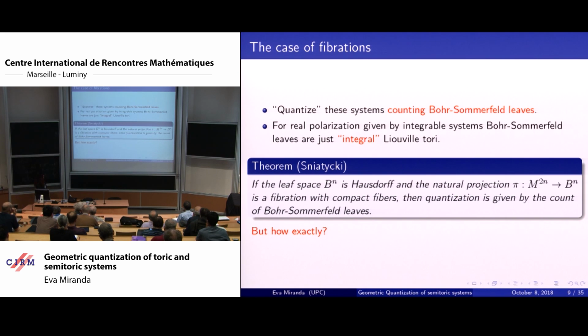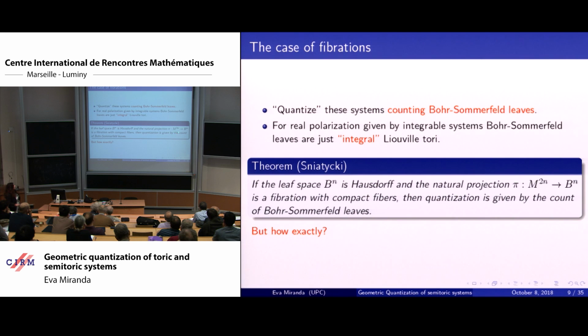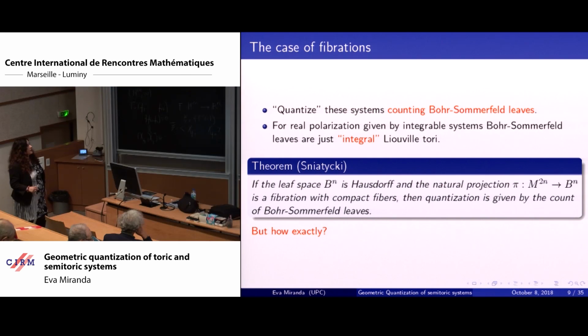Of course, Śniatycki did this in the case in which the leaf space of your Lagrangian foliation is a Hausdorff manifold. So you assume that it's Hausdorff, and that your Lagrangian foliation is given by a fibration with compact fibers. Then he proved that the quantization is given by the count of Bohr-Sommerfeld leaves.